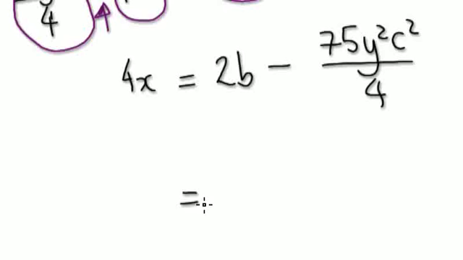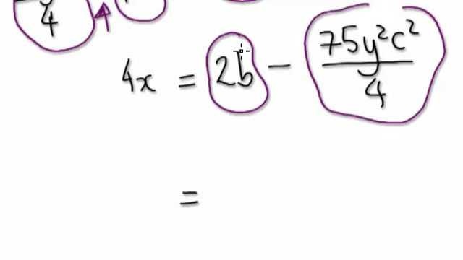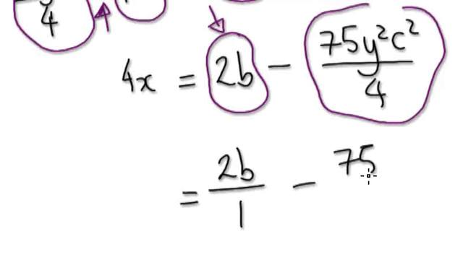And now you merge. So here you've got two things, two bubbles here. Merge the two together. So the trick is to turn this into a fraction. So it will be 2b over 1, take away 75y squared c squared over 4.